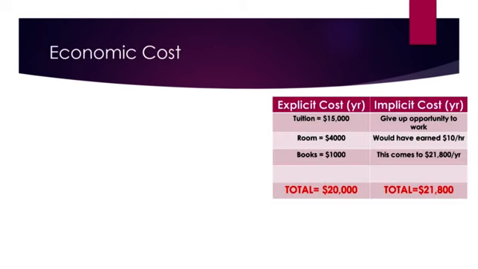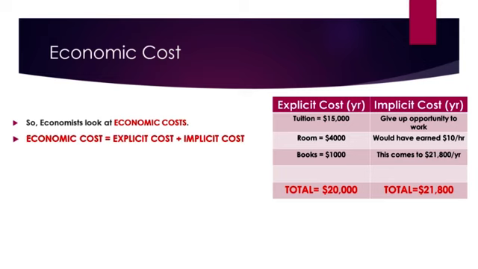So let's look at a second way of capturing cost, and this is called economic cost. Economists look at economic cost. Well, economic cost is going to be calculated a little differently than accounting cost. So economic cost is going to be the sum of both the explicit costs and the implicit costs.